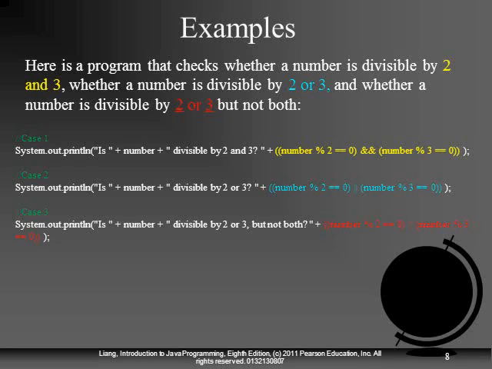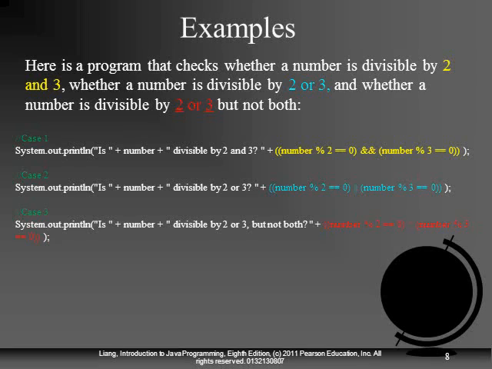And finally, in case 3, where I have the exclusive OR, if I enter 4, the first Boolean expression is true, the second Boolean expression is false, and for an exclusive OR, that's what we want. We'll display true.